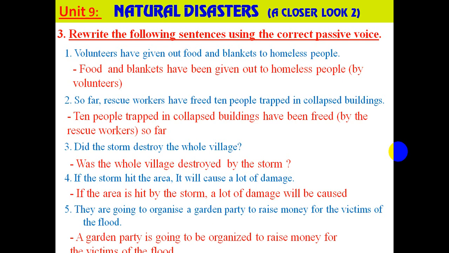Be going to do something. So we have the passive voice: be going to be plus past participle. So a garden party is going to be organized. Be careful, focus on it. A garden party is going to be organized to raise money for the victims of the flood.